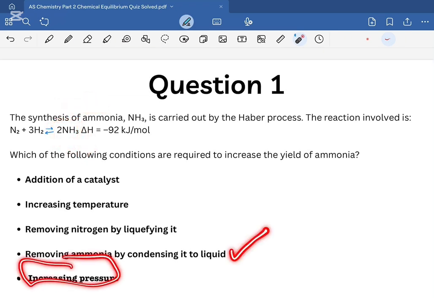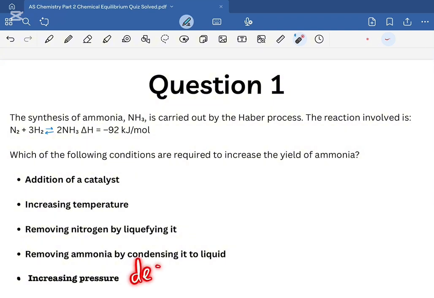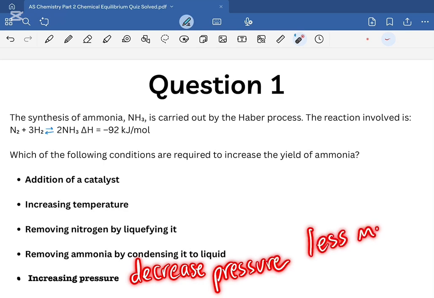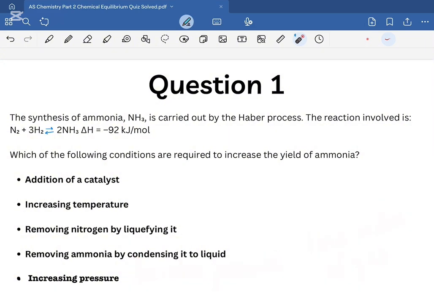Now, increasing the pressure. If we increase the pressure, the system wants to decrease the pressure by shifting toward the side in which we have fewer moles of gas. And nitrogen is a gas, hydrogen is a gas, and NH3 is a gas.